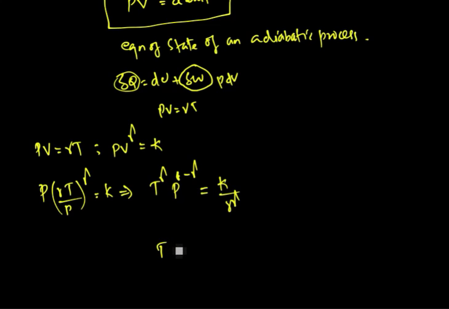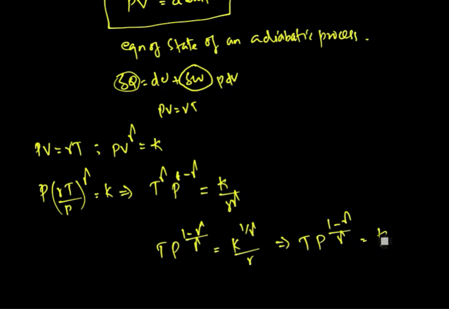Or T into P raised to (1 minus gamma) by gamma is equal to K raised to 1 by gamma divided by R. So this is another constant. So we can write this as T P raised to (1 minus gamma) by gamma is equal to some other constant. Let's call it K1.